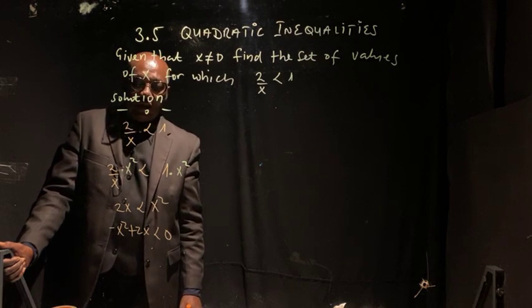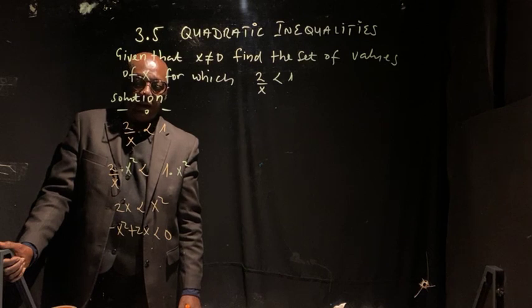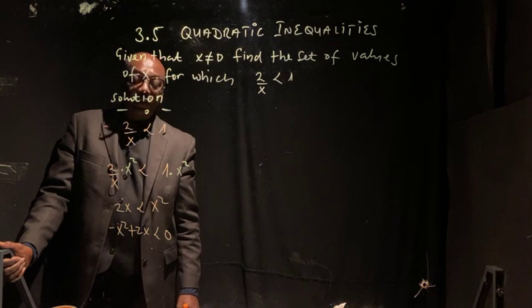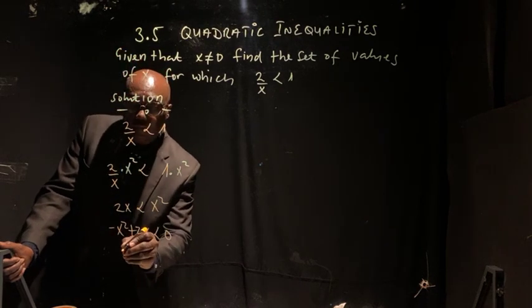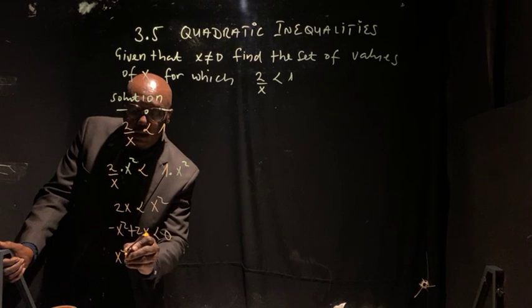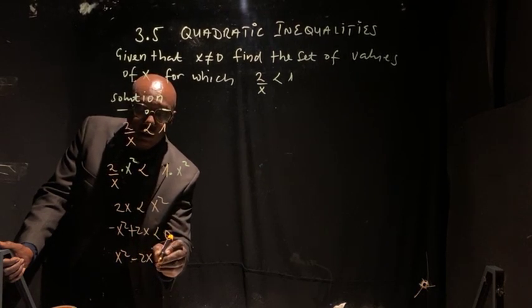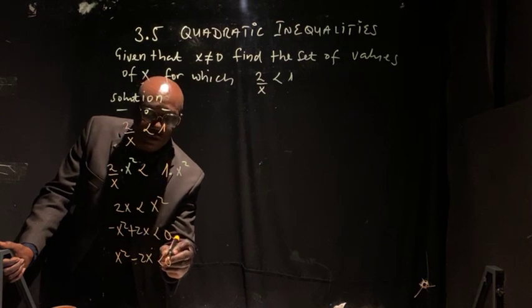Then I will say that we are going to multiply both sides by negative 1. Good. If we multiply both sides by negative 1, we have x squared minus 2x less than 0.